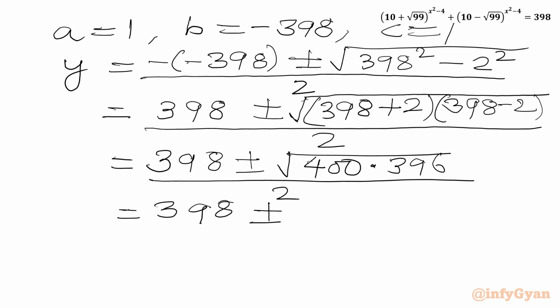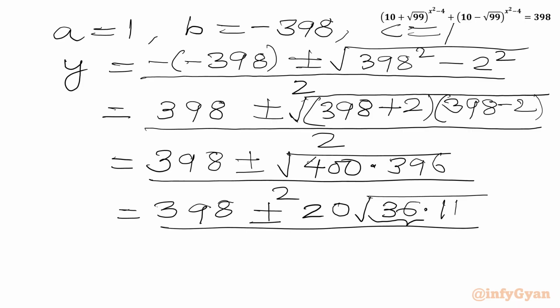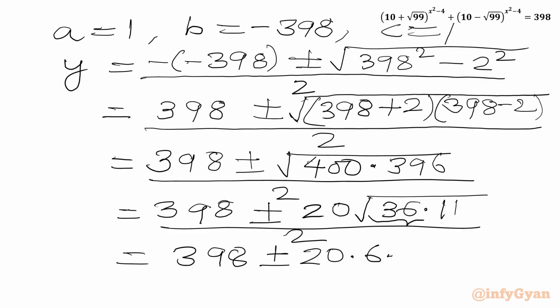Square root 400 is 20, so I can write 20. Square root of 396: if I factor 396, I can write 36 times 11. Now 36 is 6 square, so we can write here 398 plus minus 20 times square root 36, which is 6, times square root 11, over 2.